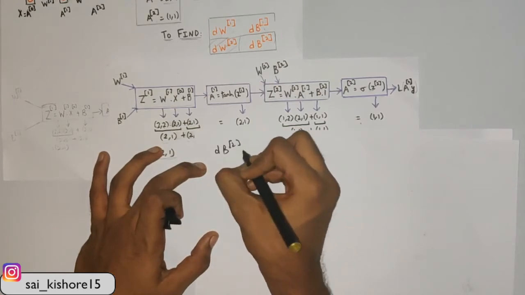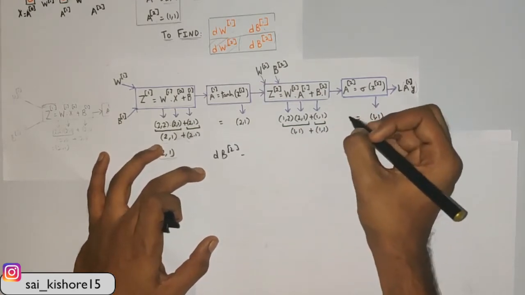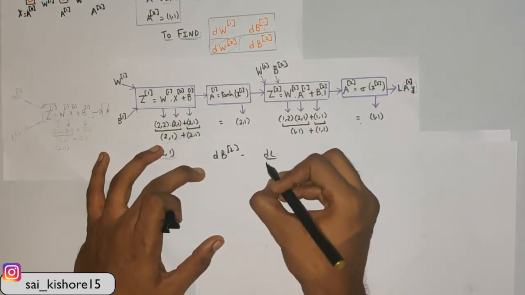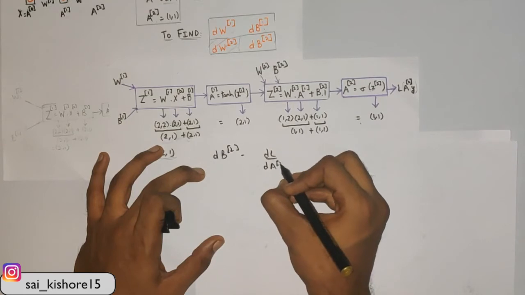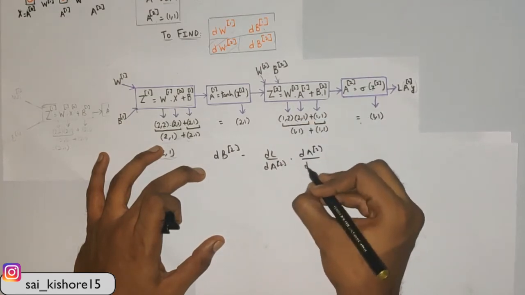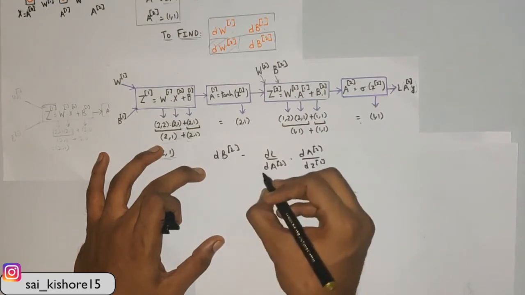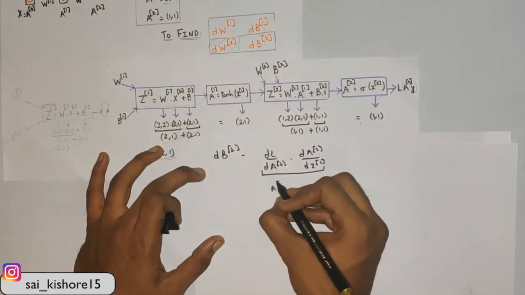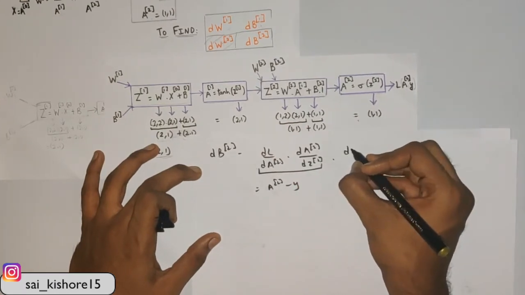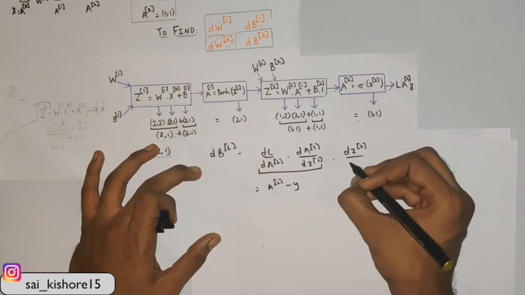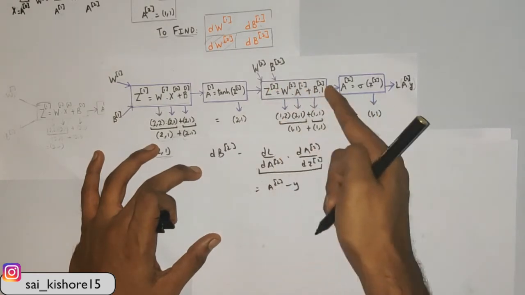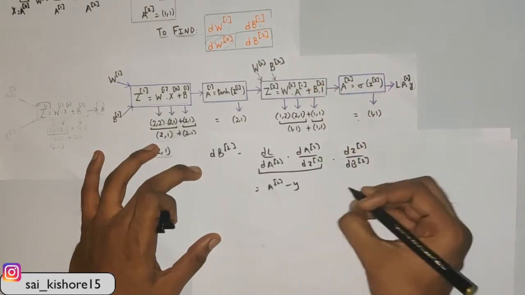So db2 is basically the same thing. You are computing the loss function with respect to a2, and then you are computing dz2, which we just saw to be equal to a2 - y, and then we are differentiating z2 with respect to b2. When you differentiate this function with respect to b, we get 1.